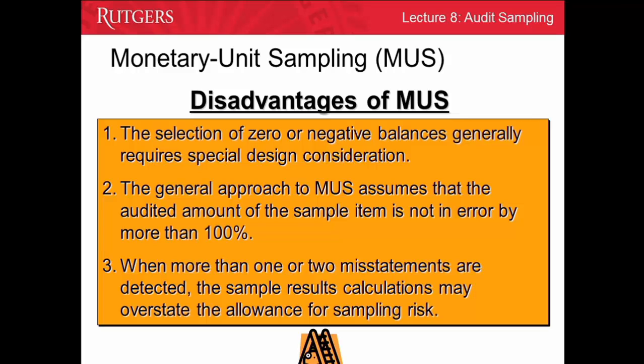Alternatively, if an account such as accounts receivable contains credit balances, the auditor should segregate those items and test them separately.